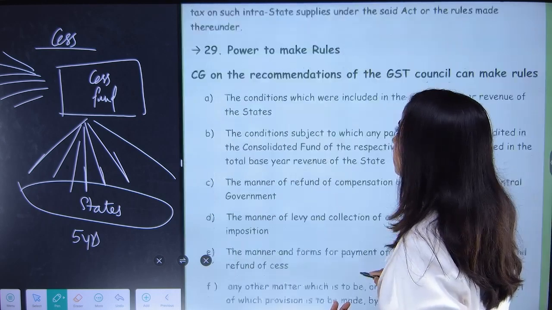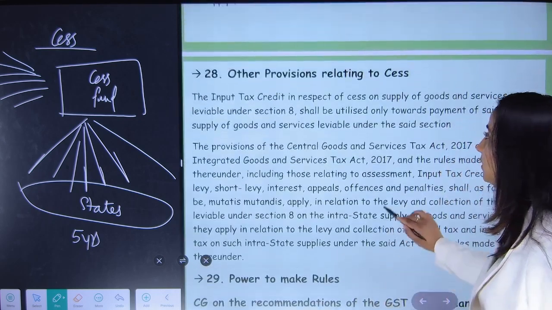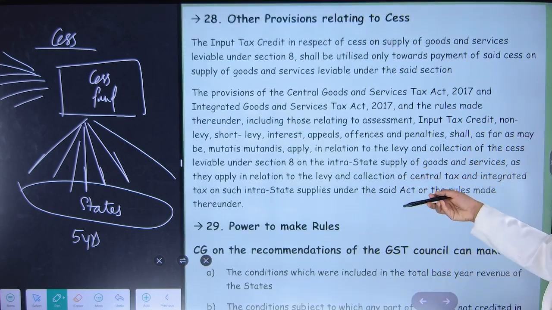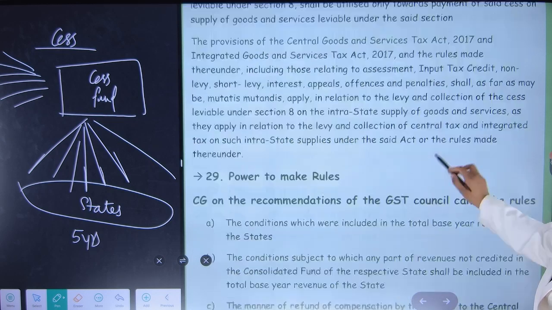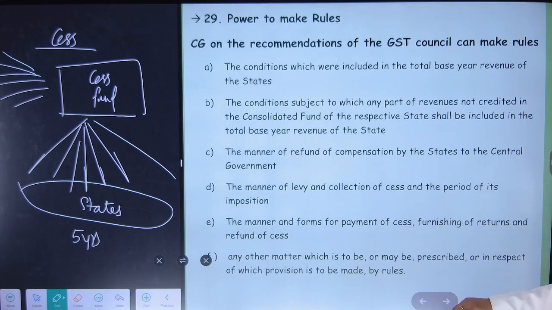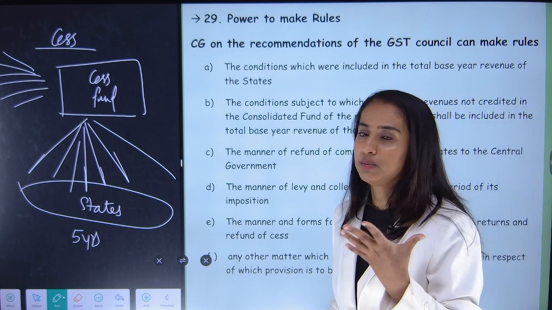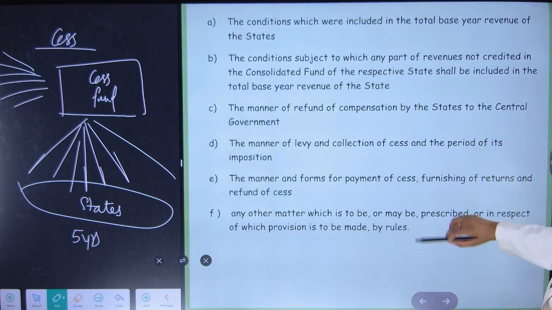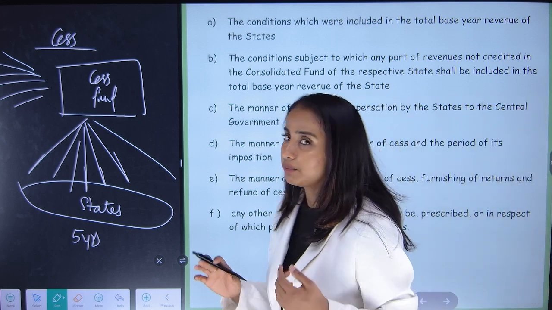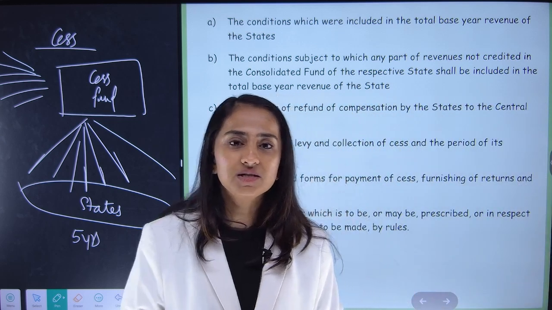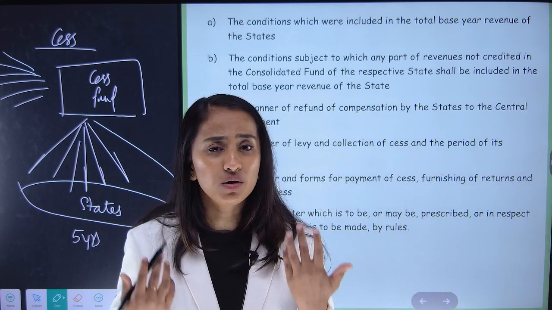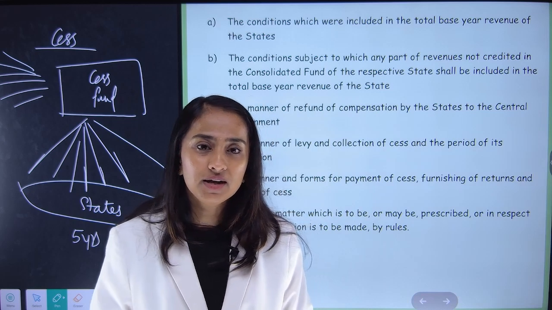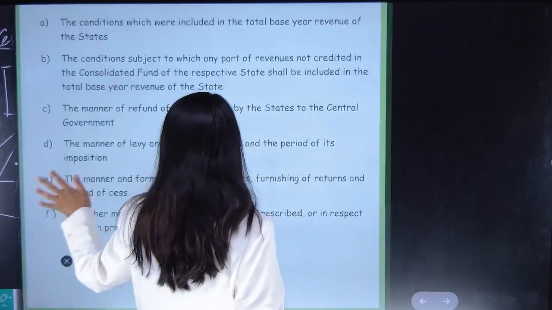And then such accounts will be laid before both the houses of the parliament. Then any other provisions relating to cess, just take note. Power to make rules: who has the power to make rules? I told you central government has the power to make rules. The central government, on the recommendations, can make rules on anything related to the compensation fund, that is manner, levy, collection.